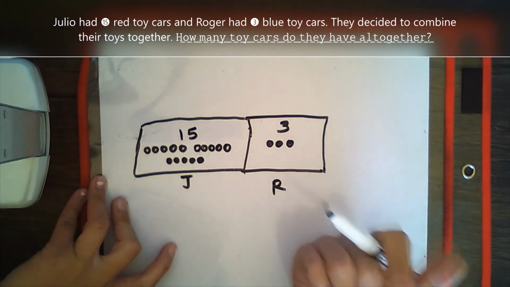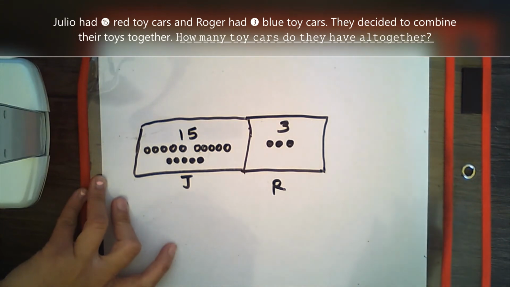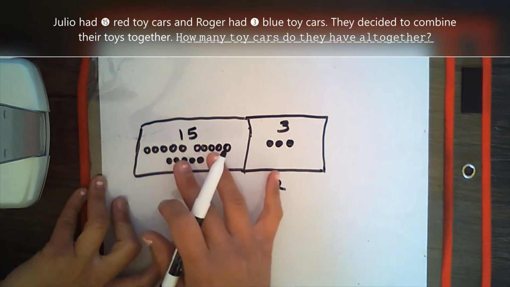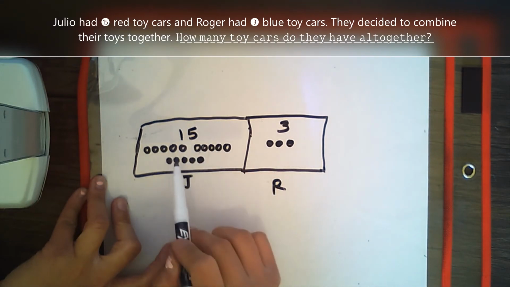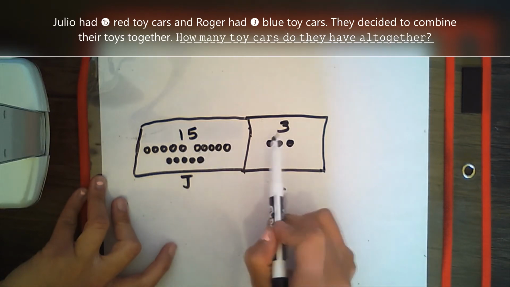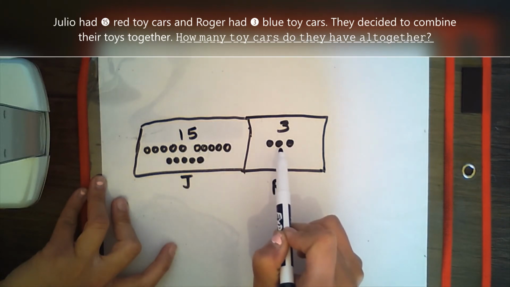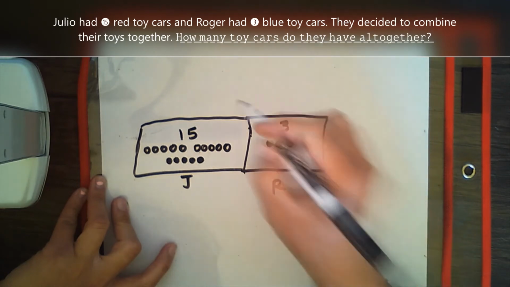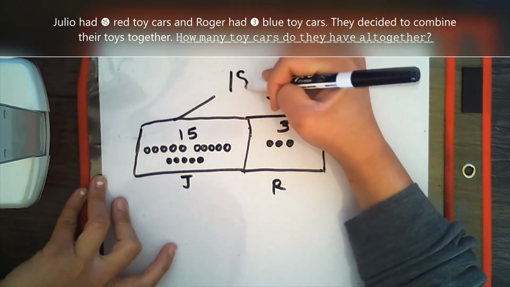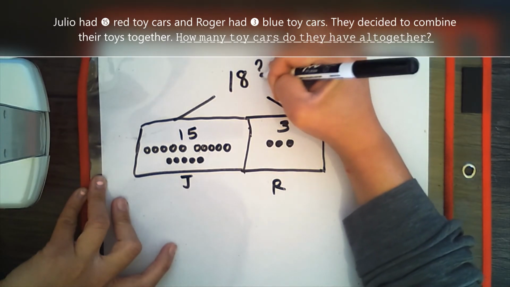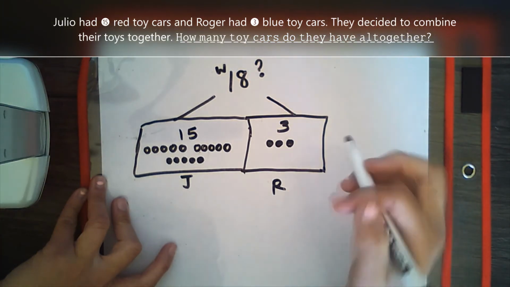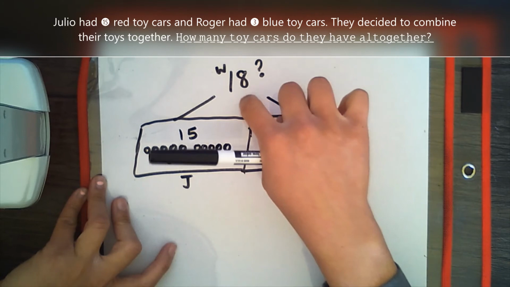So I'm going to just use count on because I see that 10 and then I see the 5, so I know 15, so I'm just going to count on: 15, 16, 17, 18. Oh my goodness, their total or whole amount together is 18. I'm going to go ahead and put the question mark up by the 18 and put the W for whole because I know that that's the part I was, sorry, not part.